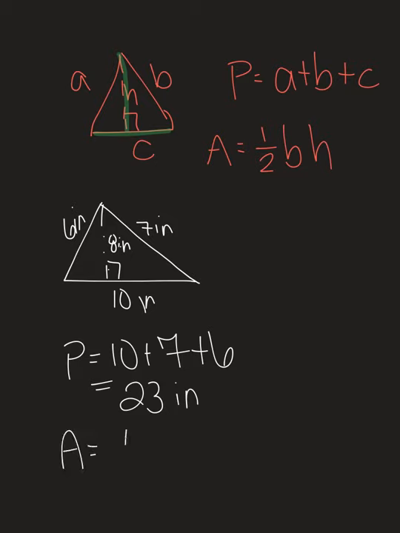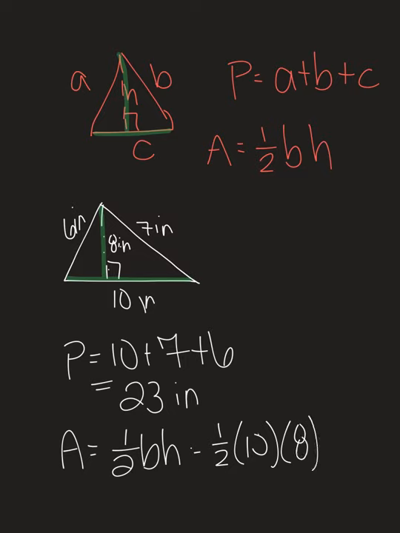And area is going to be that 1/2 base times height. So remember, your base and your height are where the height meets perpendicular. So there's my height, there's my base. That's going to be the values that I'm using here. So 1/2 times 10 times 8. 1/2 times 10 is 5, and 5 times 8 is 40 square inches.